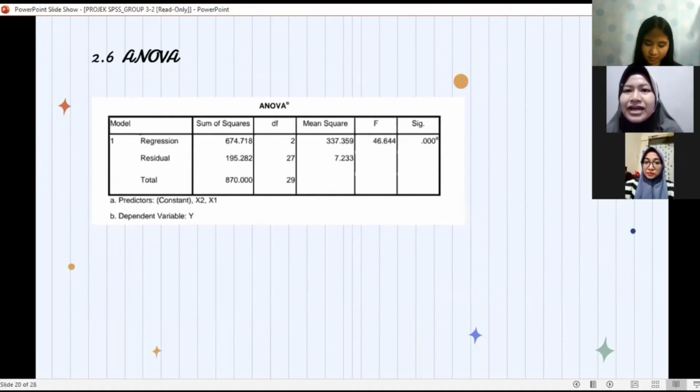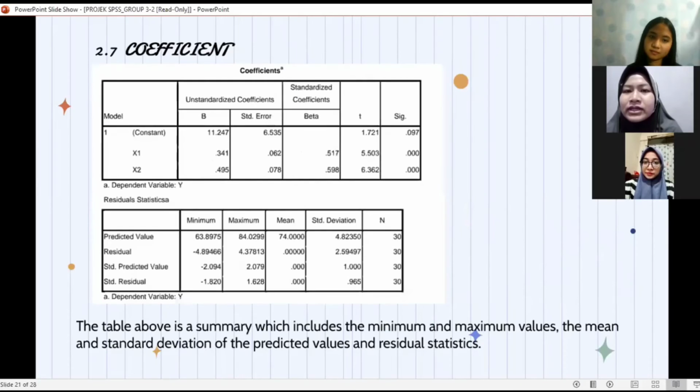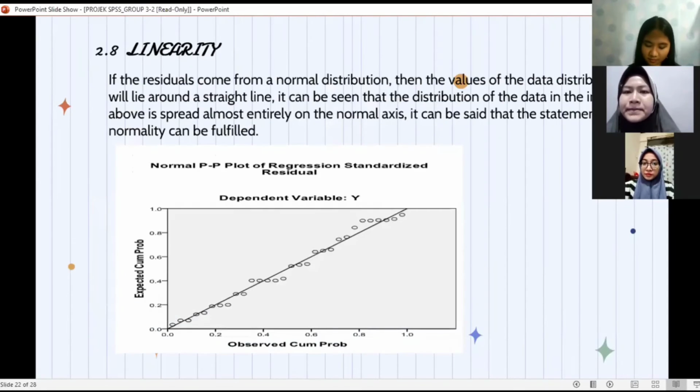This is the ANOVA result by the calculation using SPSS before. Then the table above is a summary which included the minimum and the maximum value, the mean and the standard deviation of the predictive values and residual statistics. If the residuals come from a normal distribution, then the value of the data's distribution will lie around a straight line.